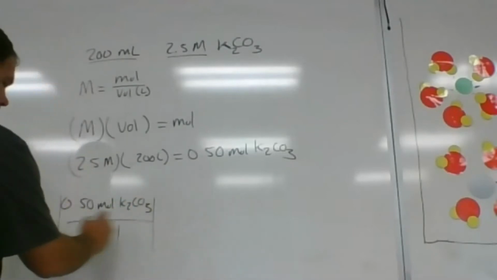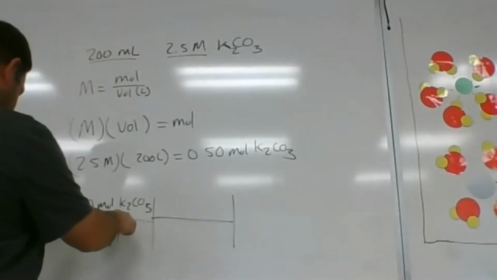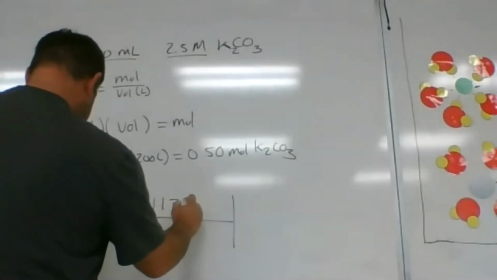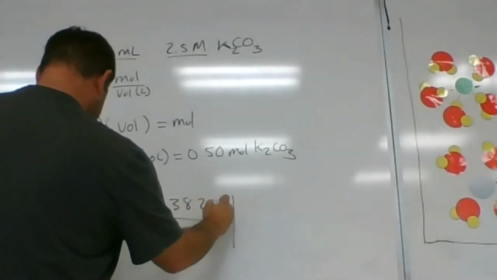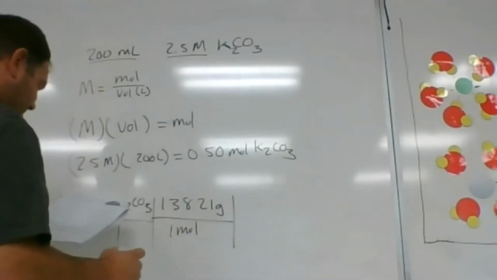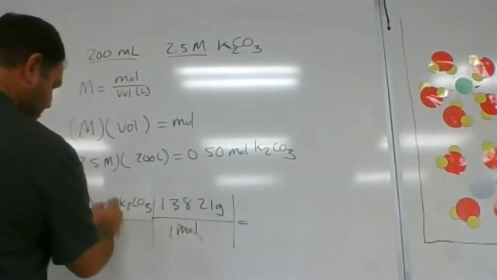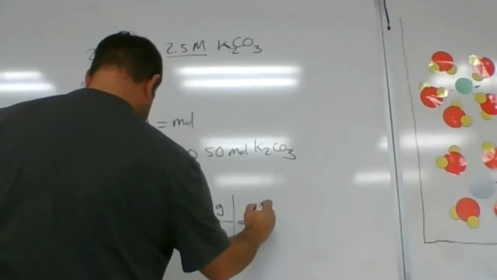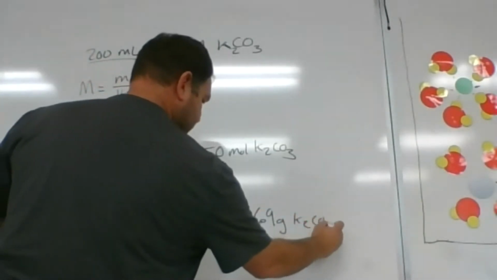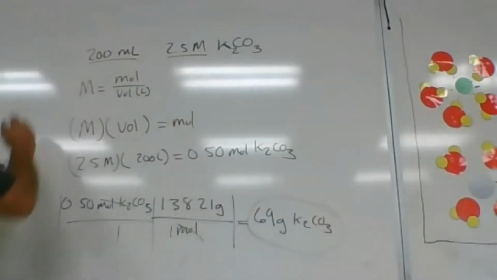Using my dimensional analysis, I need the molar mass of potassium carbonate, which I found was 138.21 grams per 1 mole. And that gave me an answer, once I got rid of the moles, of 69 grams of potassium carbonate. And that would be my final answer for number 5.